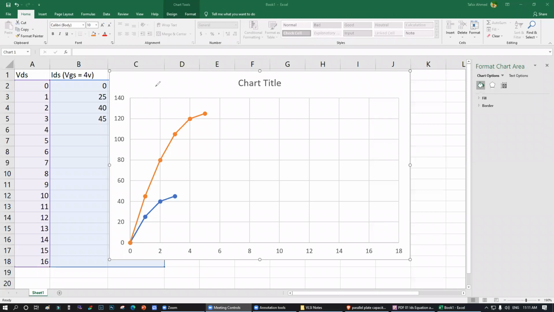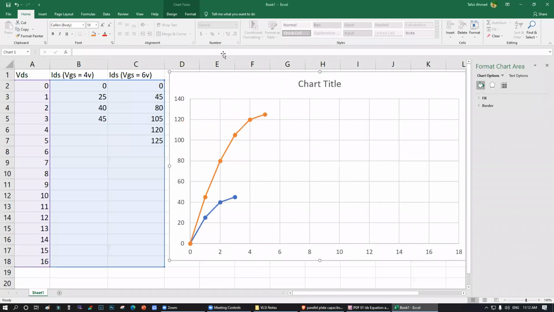That point is called linear region. So how can I know at which point the equation is valid? Here, the goal is here. Can you see? At this point, the equation is not valid, and at this point, the equation is not valid. Got my point? So how can I find out?